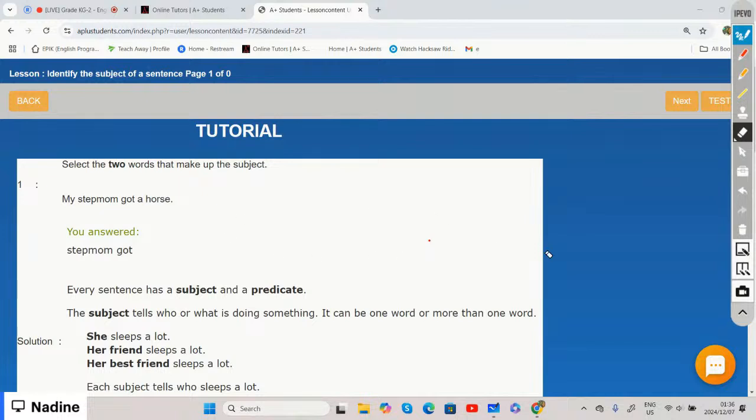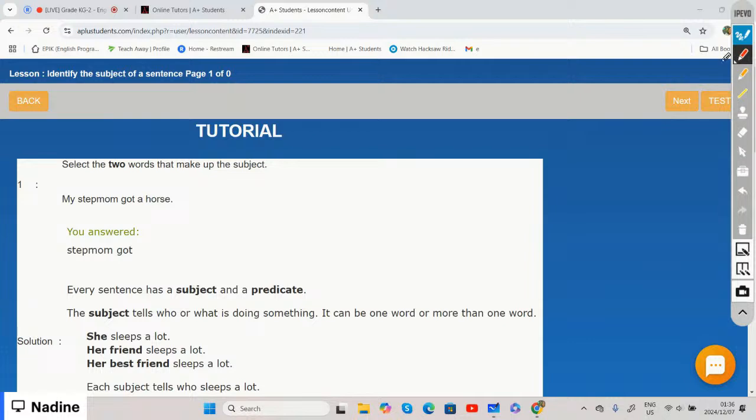All right. And the next one is we need to select the two words that make up the subject. Okay, we already have that one. My stepmom is correct.